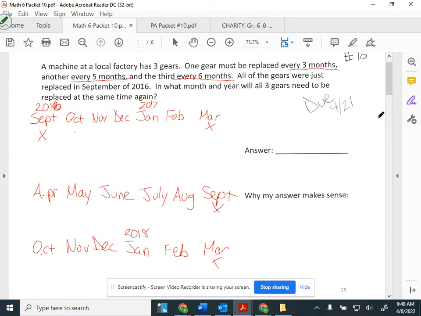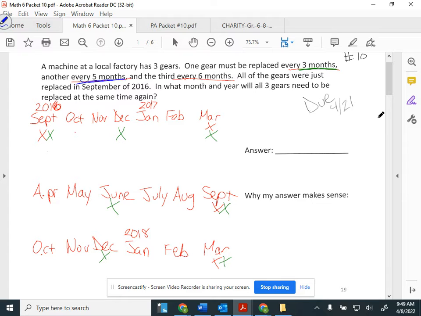I have to go every 3 months. I'm going to do this one in green. So every 3 months, so 1, 2, 3. 1, 2, 3. Then I have to go, what should my last one be?